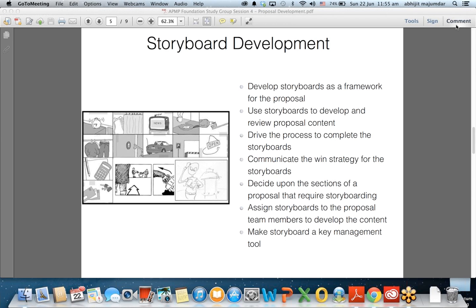So you can assign the proposal storyboards to the proposal team members to develop the content of the proposal. Your proposal storyboard becomes a guideline or a reference document for your proposal writers, and it becomes easier for them to write.